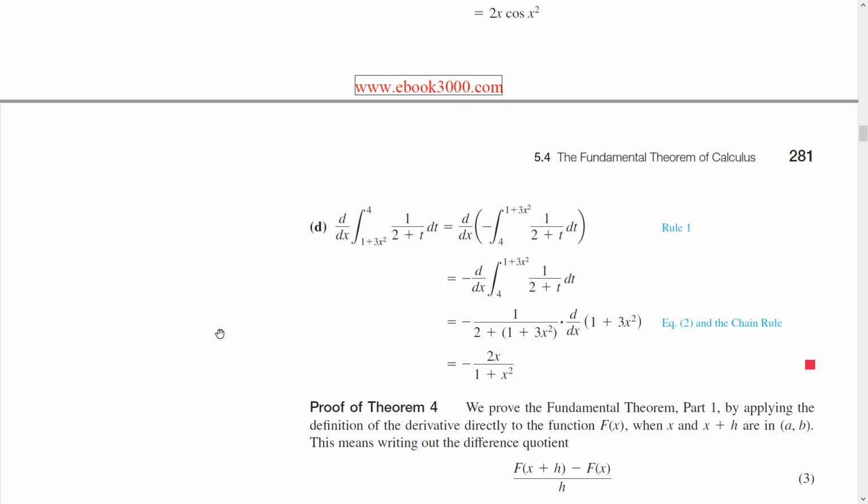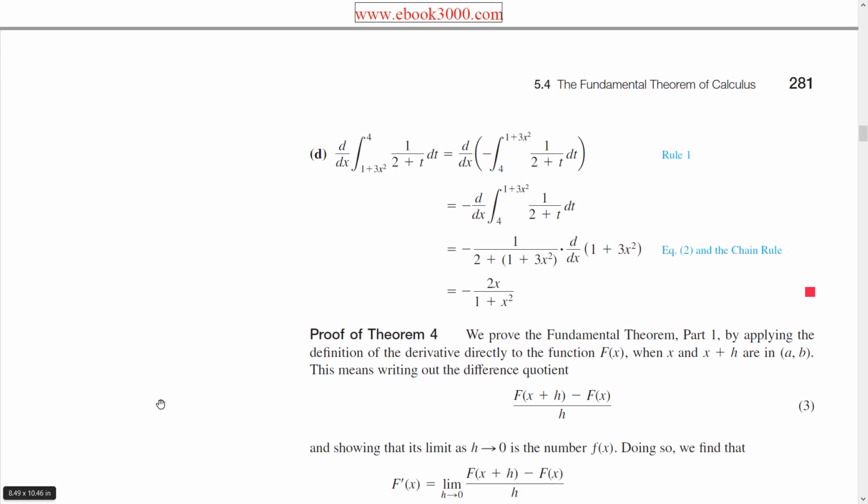Now we know what to do. We'll use this chain rule. First of all, differentiate this integral from 4 to 1 plus 3x square. You can make a substitution, 1 plus 3x square is equal to u, and use this chain rule by substitution, and you will get this result. I'll urge you to do it yourself.